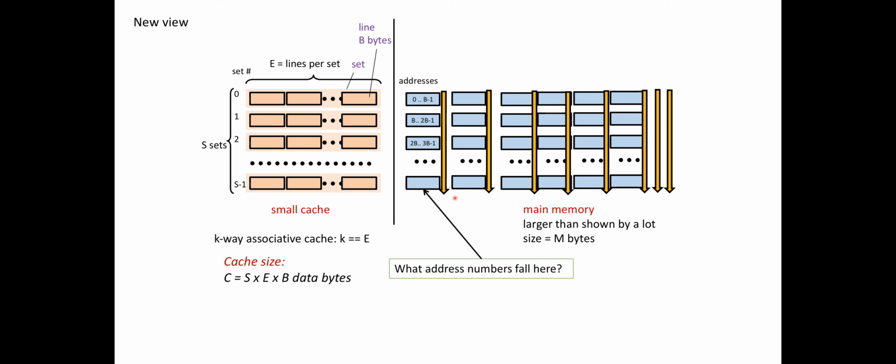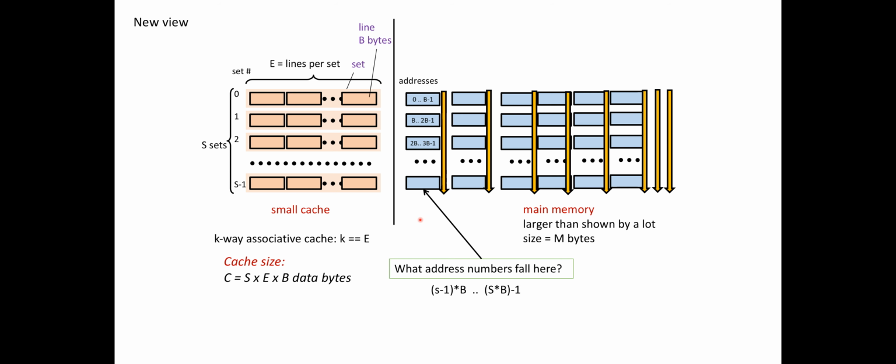Now, the next thing to think about is, what is the general set of bytes in any particular block? The address numbers that fall right here are going to be S minus 1 times B. This is the S minus 1 set right here. Here was set 2, right? So S minus 1 times B up to S times B minus 1.